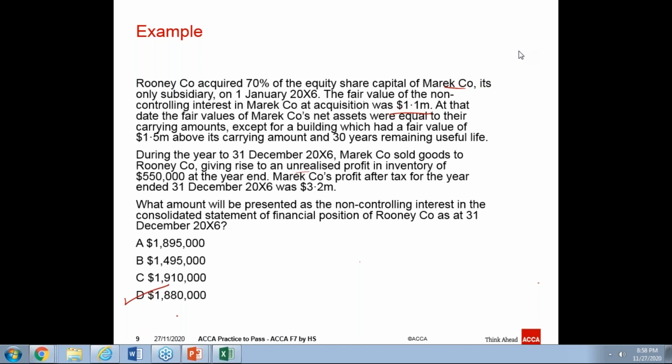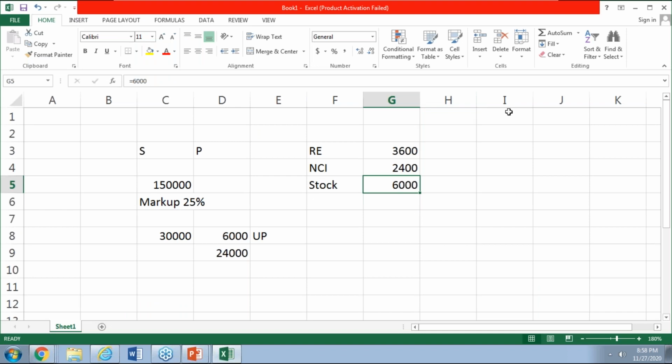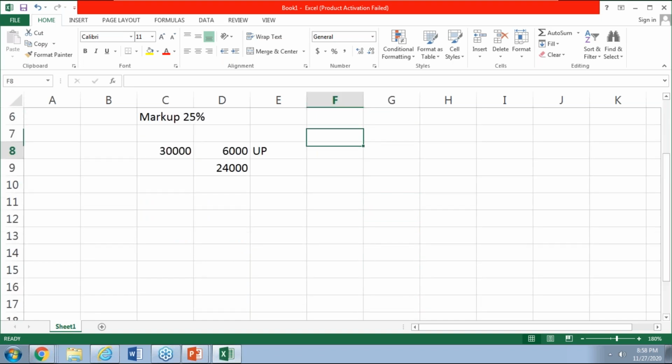Okay, I'm going to solve it. NCI at the acquisition is given to us with a value of 1100.